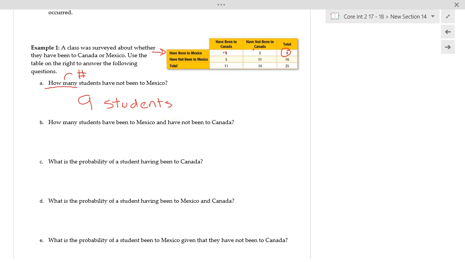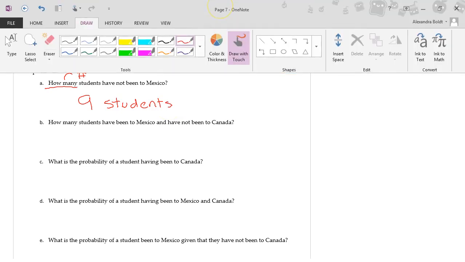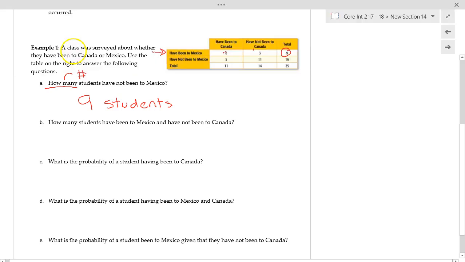B, how many students have been to Mexico and have not been to Canada? So again, this is a how many question, so that's just looking for a number. I'm going to be looking at two different categories here. Again, we're just reading the table though.